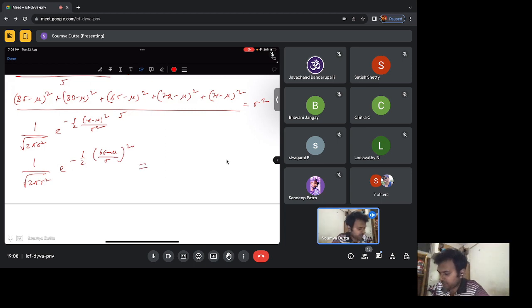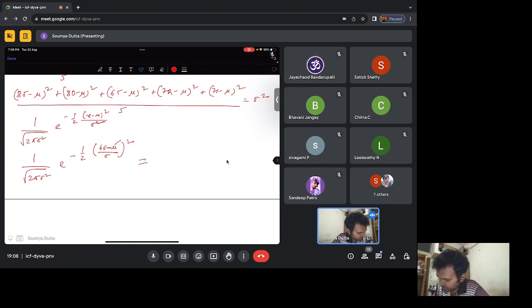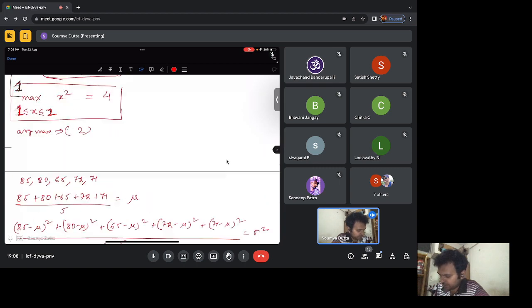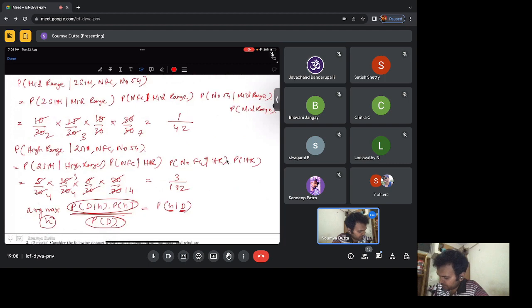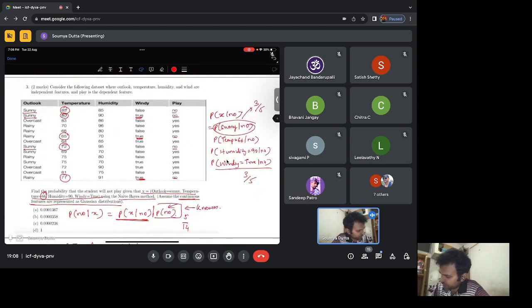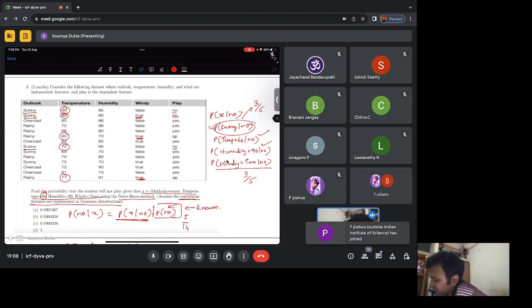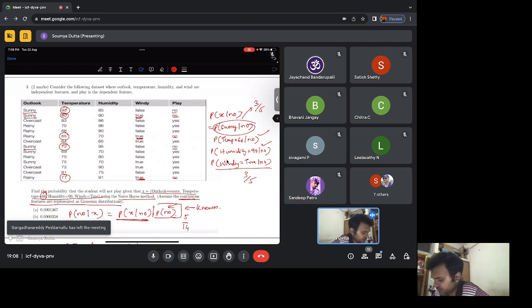Because you know mu here and you know sigma here, this will give you the probability of temperature 66 given no. Similarly, you can also find out the probability of humidity 90 given no, and you multiply all of them, and that should give you an indication of the probability of whether the student will play or not play.